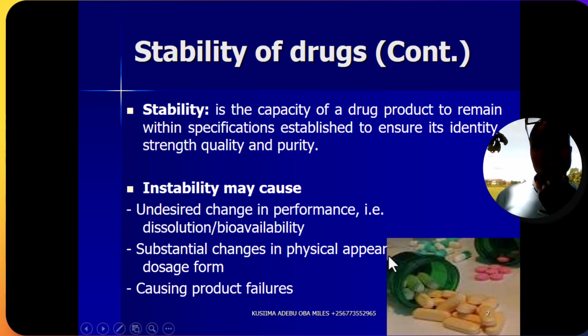For example, esters: one example is aspirin, which is a product of salicylic acid and acetic acid, that is acetylsalicylic acid. It undergoes spontaneous hydrolysis once it is in contact with water, so it is not stable in moisture. So that is what we call stability.